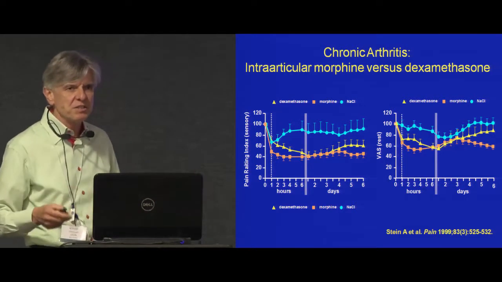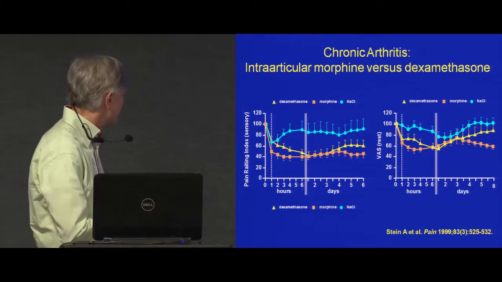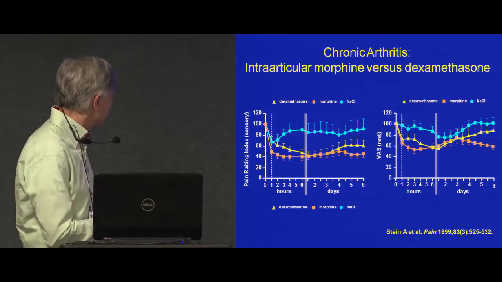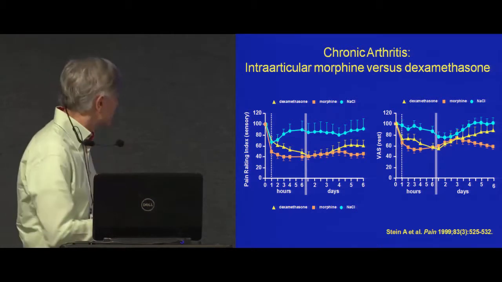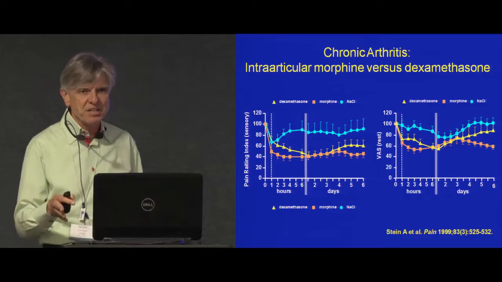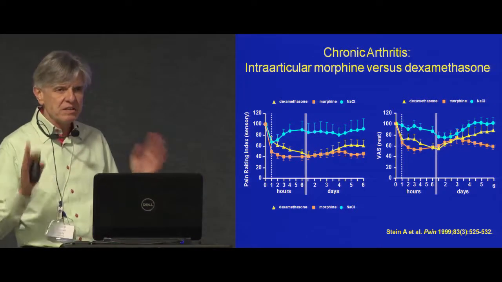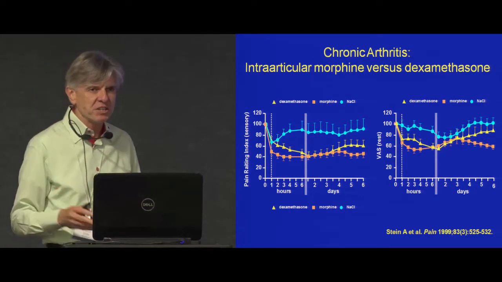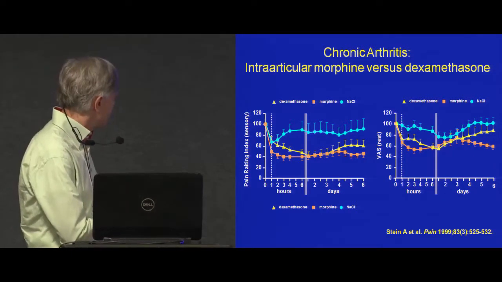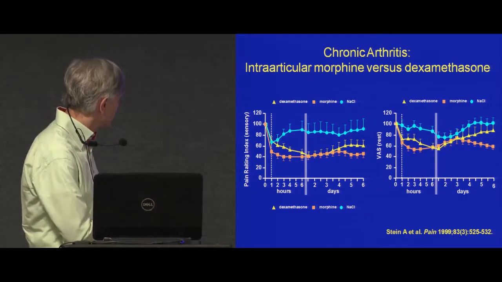Many rheumatologists use steroid injections, dexamethasone. We looked at pain ratings by the numerical and the visual analog scale. This time, over 6 days after an injection, there's no operation. There's simply an injection into the knee joint. And you compare this saline group here. This is the placebo group.